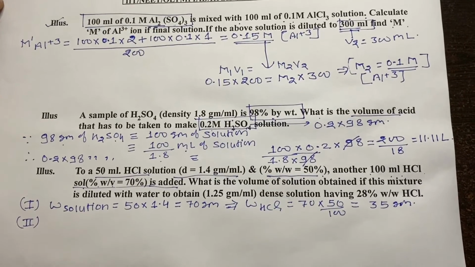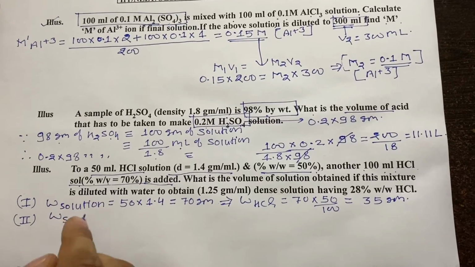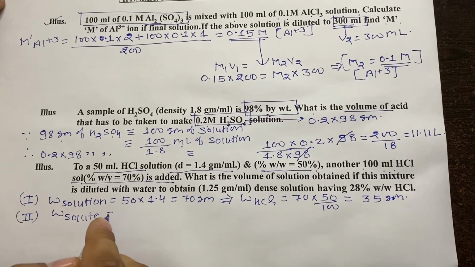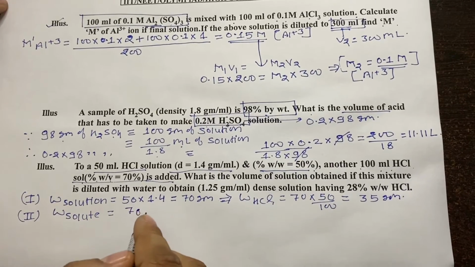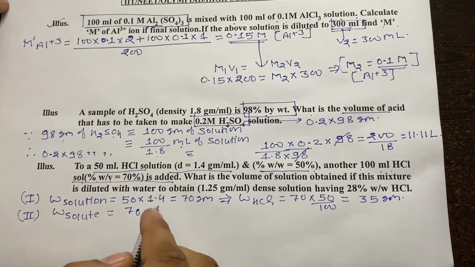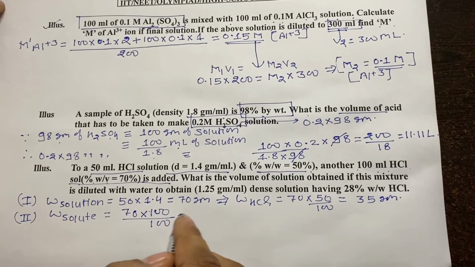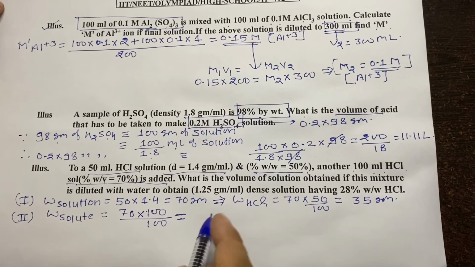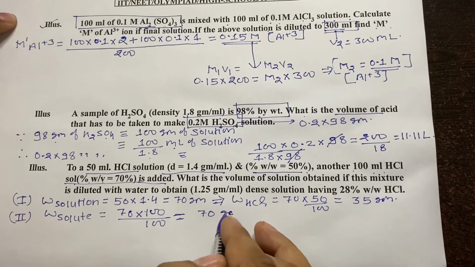So again, in this case, mass of solute will be equal to 70 into 100 divided by 100. So it will be equal to 70 gram.